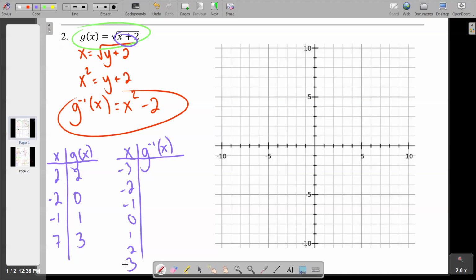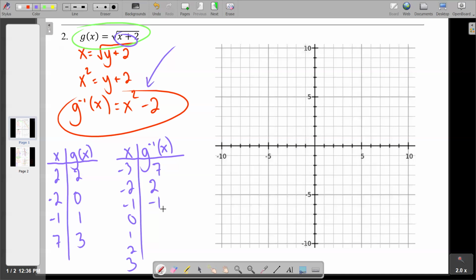So what's -3 squared? 9 minus 2? 7. What's -2 squared? 4 minus 2 is 2. I feel some silence. I hope everyone's clear that we're plugging our x's right in there, right? We're in the red function, the inverse function now. Put in -1. What's -1 squared? 1 minus 2. -1.